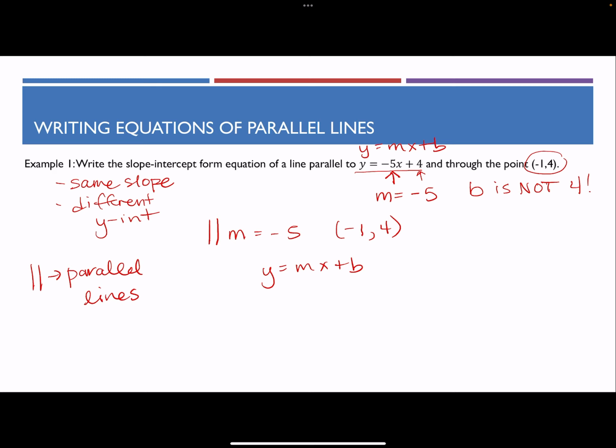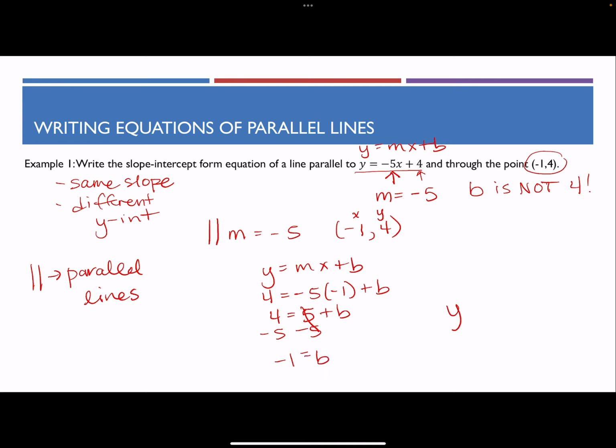I have m is -5, and I'm given an x value and a y value, so I plug them in. 4 = -5 times -1 plus b. -5 times -1 is +5. Now I solve for b by subtracting 5 from both sides, so -1 = b.